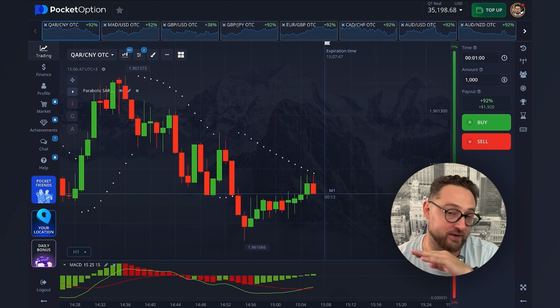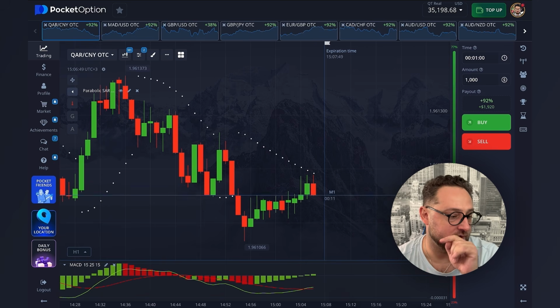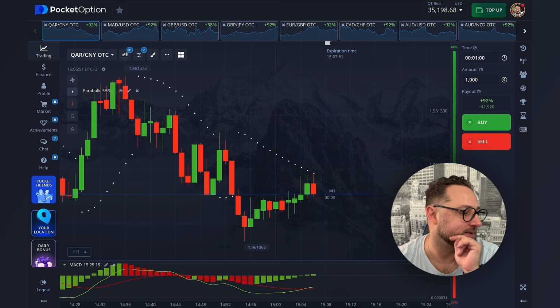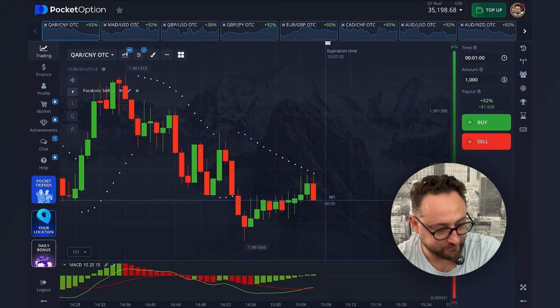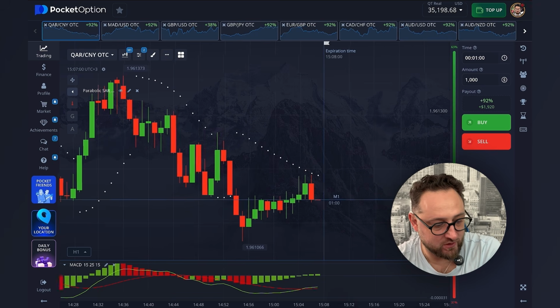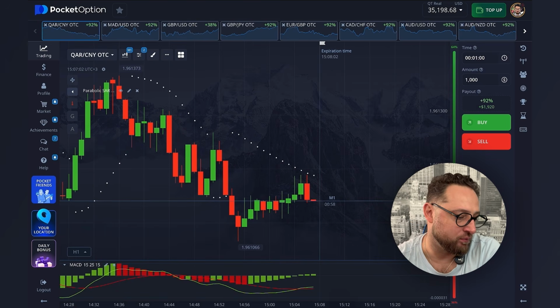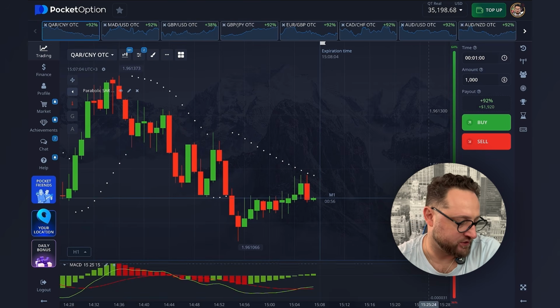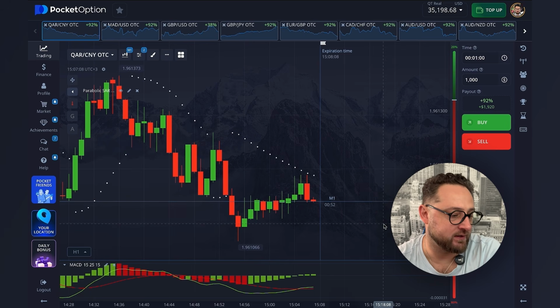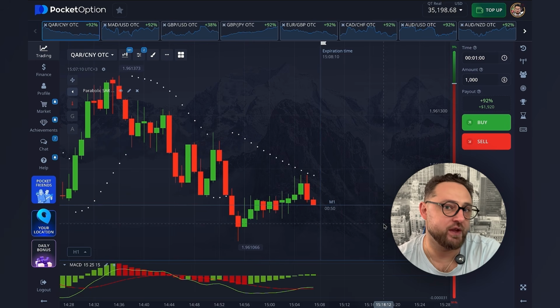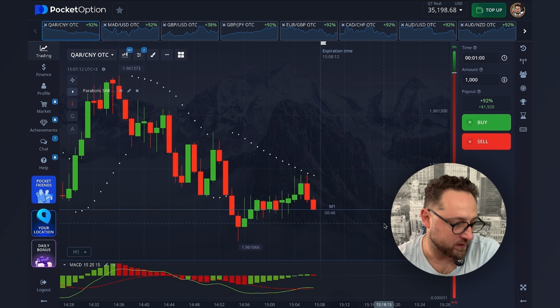The crossover is clear, but as you can see, Parabolic SAR didn't show us the signals, so it will be a bit risky to open a buy position now just based on one indicator. That's why we have a combo. That's why we have two indicators.